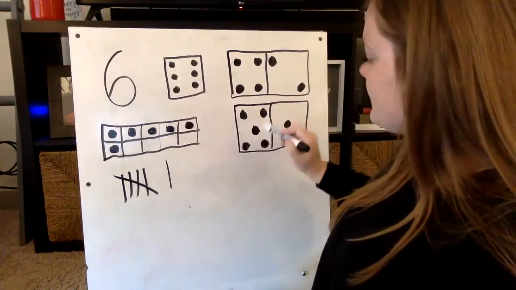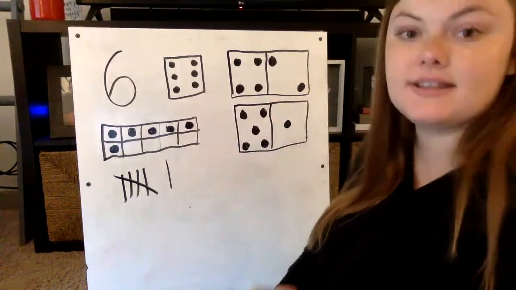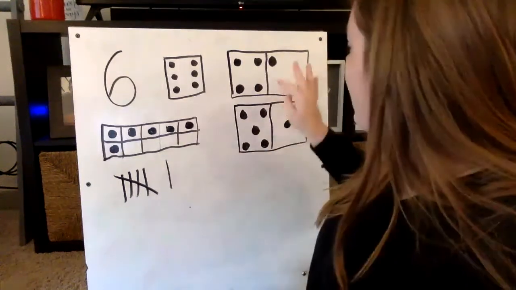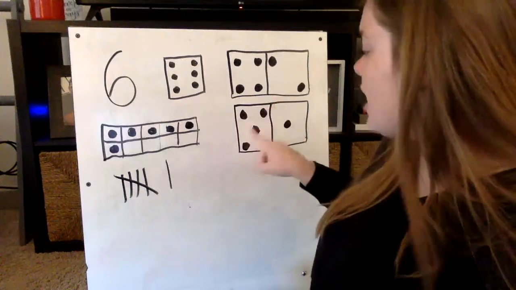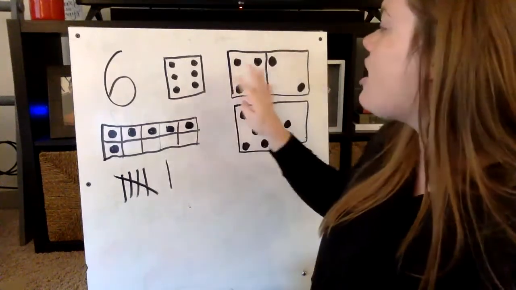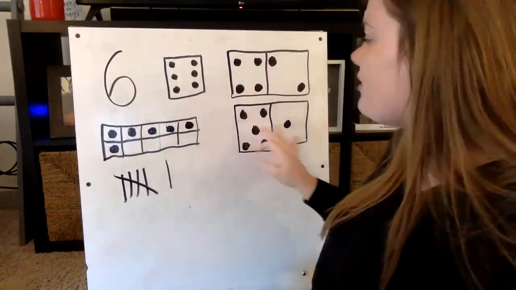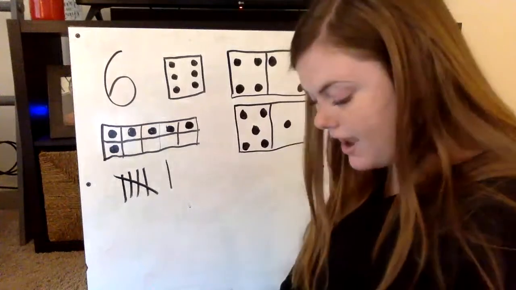See? 1, 2, 3, 4, 5, 6. It still equals 6. So it doesn't really matter how many dots you have in this square or this square, as long as the whole rectangle together equals 6, okay?